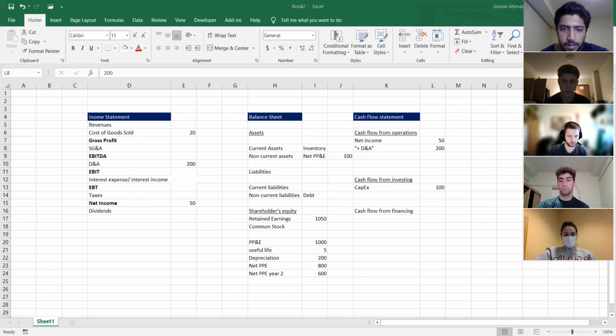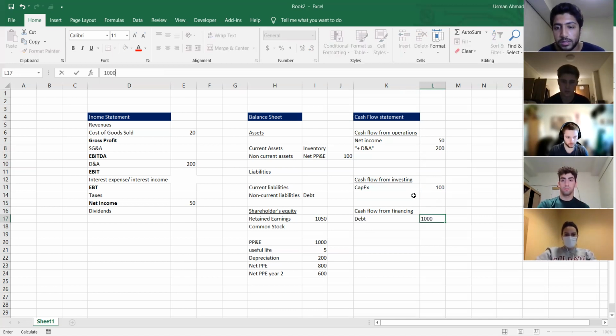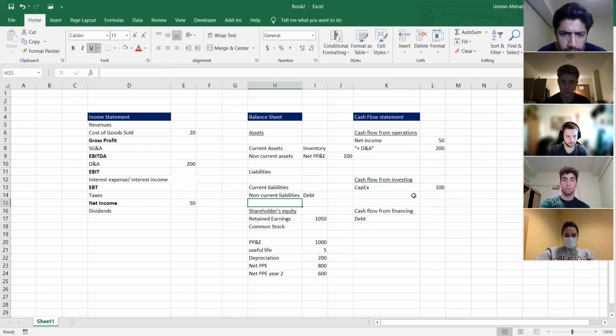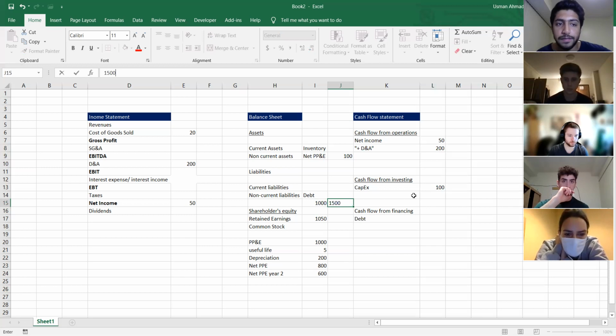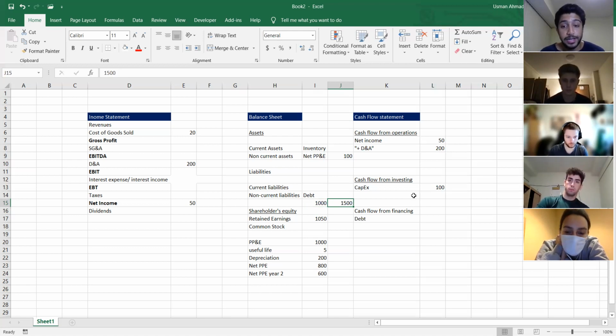Okay, so the next thing is any change in debt. If at the beginning of the year you had $1,000 in debt, and at the end of the year you had $1,500 in debt, it tells you that you took on $500 more during that year, and that goes in the cash flow from financing.